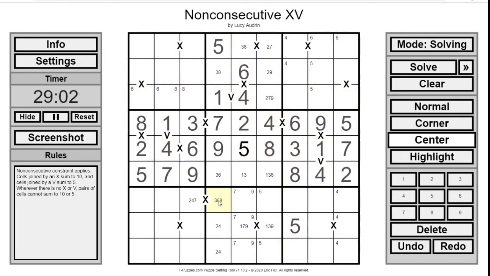Right, this can't be a 3. Because if it's a 3, this can't be a 2 or a 4. So this can't be a 3, this can't be a 7. Is this a more usable state?